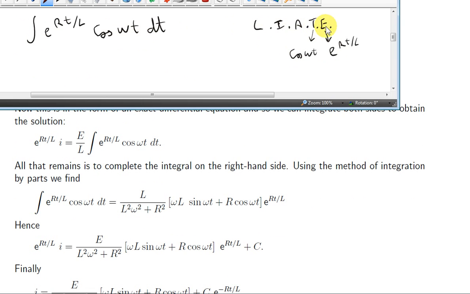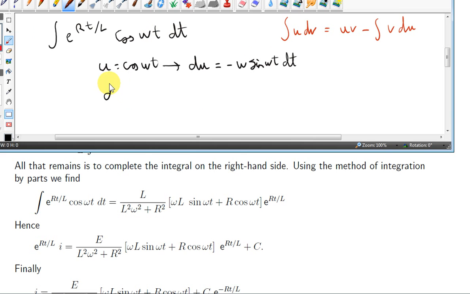So the T comes before E in this rule, so we let u equal cos omega t. We've got to differentiate this, so du dt is the derivative of cos, which is minus sine, and then we have to multiply by the derivative of the angle with respect to time, which is omega. So we get minus omega sine omega t, and multiply both sides by dt.